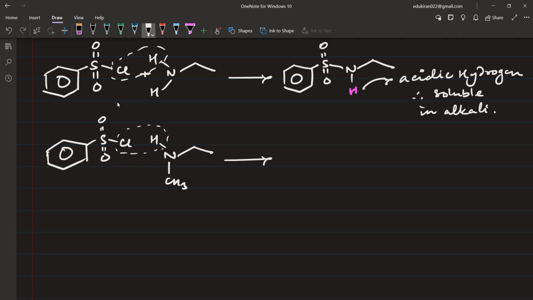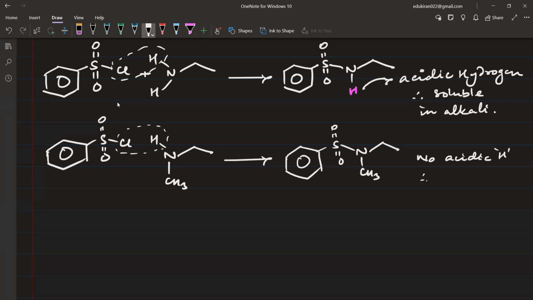Chlorine will leave from the sulfur, and the hydrogen is going to go away, and you are going to get a product that is sulfur double bond O with nitrogen, the ethyl group and the CH3 group. But the problem is that there is no acidic hydrogen here, right? And that is why it is not soluble in alkali.